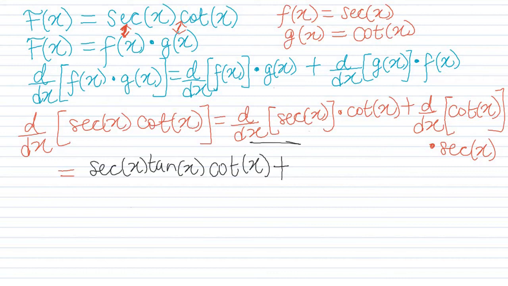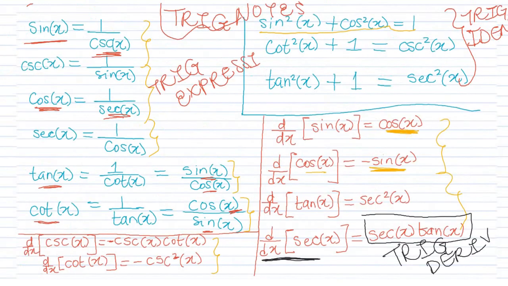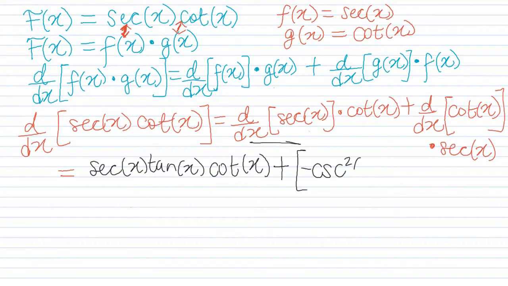Let's go back to our trig notes. The derivative of cotangent is at the bottom left, which is negative cosecant squared x. So we're going to put negative cosecant squared x, right? That's multiplied by our gorgeous friend here called secant x.